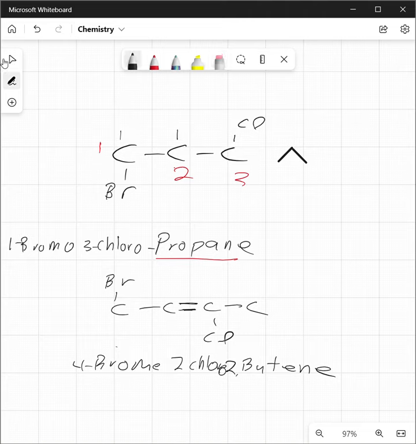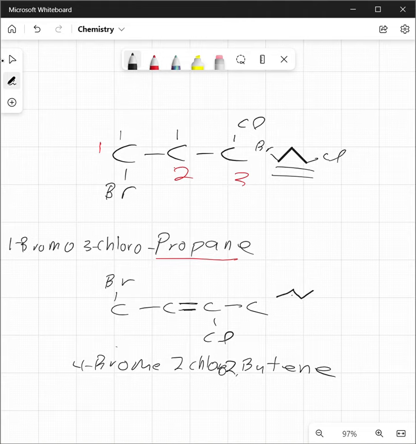Now, I would have to add the chloro here and the bromo here to make it exactly the same. So those are both 1-bromo-3-chloropropane. This is just like a shorthand way of seeing it. And let's do the skeleton structure of this one here. 1 carbon, 2 carbon, 3 carbon, 4 carbons, right?